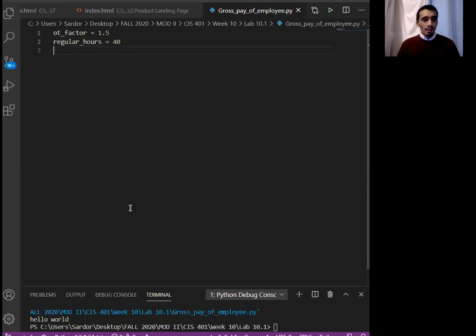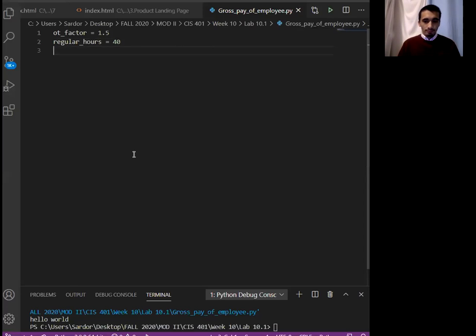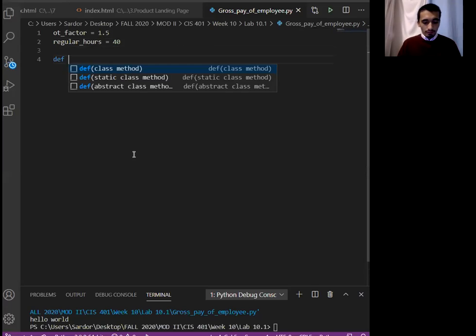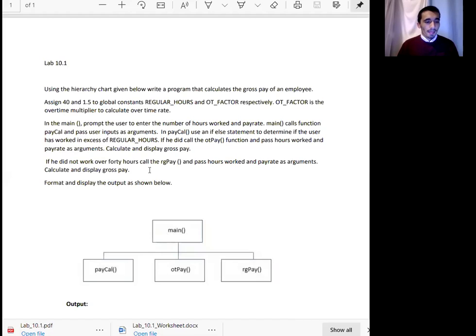Now, as you have seen in the diagram, we need to create main, define the main function. So def main, and afterwards define it. Now in there, it asks us to ask a user to put an input, hours worked and pay rate.